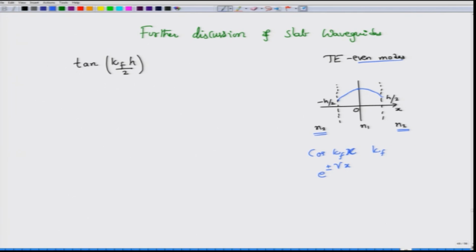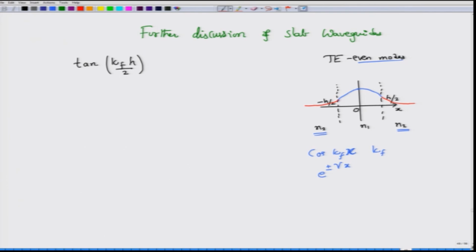Now, we have seen that when we apply the boundary conditions, what essentially we are doing is to match the fields which would be decaying outside the film, okay, and at x equal to h by 2, where the film meets the cover, or at minus h by 2, where the film meets the substrate, these exponentially decaying solutions must smoothly merge with the solution in the film, right. So, you can see that there is a single maxima here, and this essentially is what is called the fundamental TE mode of this symmetric slab waveguide.